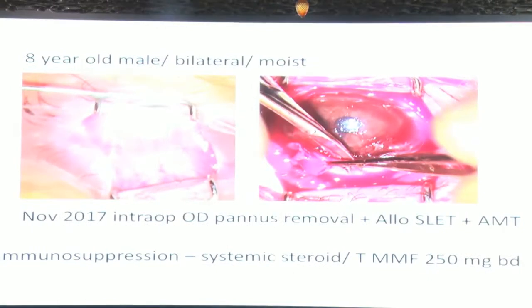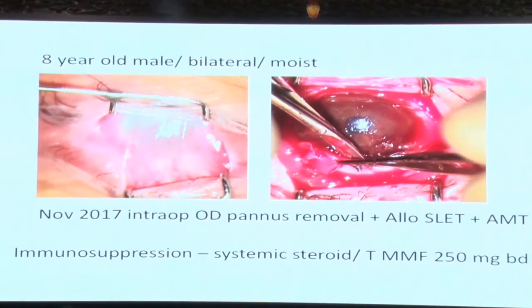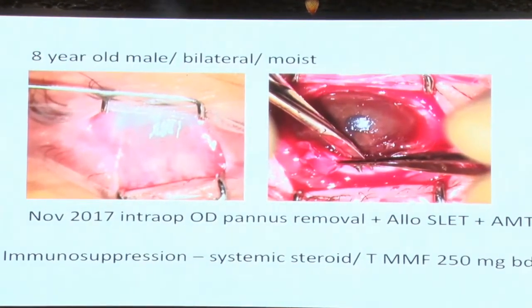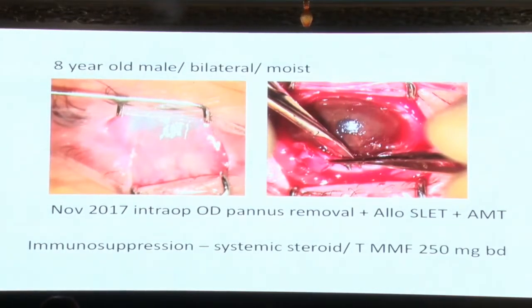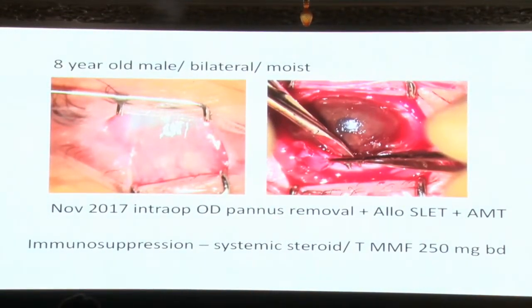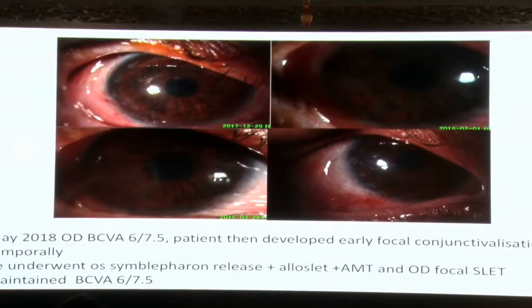This was a child. The reason we were pushed into doing this Allo-SLET was an 8-year-old child, bilateral with moist eyes, where you don't really have any other option to improve the vision. We decided to go ahead with the Allo-SLET in the first eye with systemic steroids and mycophenolate. That was the only immunosuppression that we gave him.